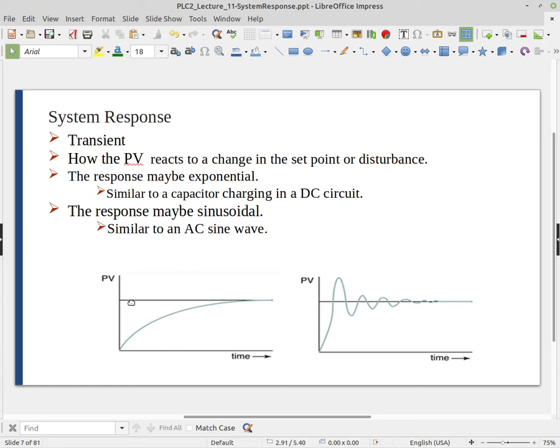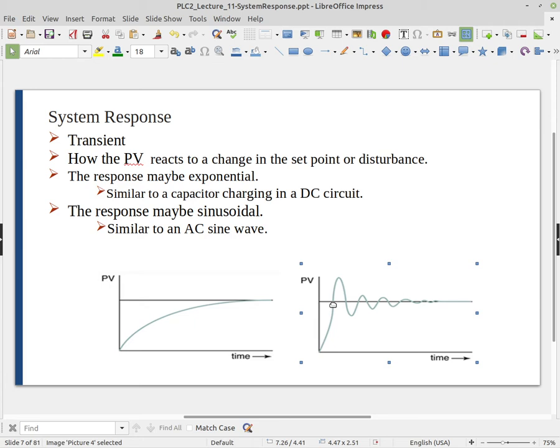So the horizontal black line here indicates the change in the set point. So we had an immediate change in the set point, which we usually refer to as a step response, and then the blue line represents the system slowly changing up to that new set point.